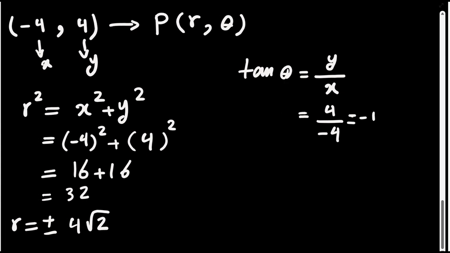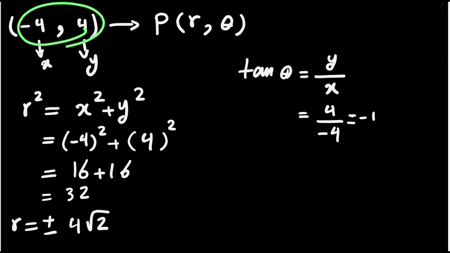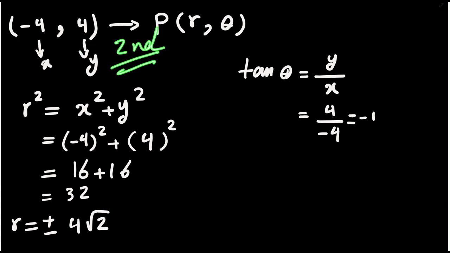So tangent is negative and shows us the angle can be in the second or fourth quadrant, because between x and y, one of them is negative and the other is positive. Based on x and y, you see that x is negative and y is positive, so we are in the second quadrant. So what is the angle?